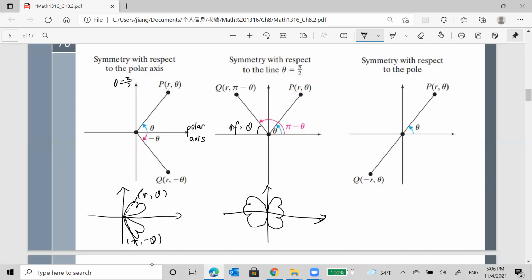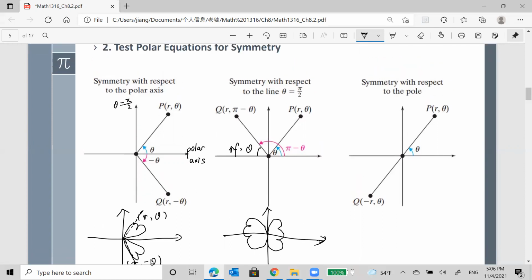And then symmetry with respect to the pole. What's the meaning of that? Do you still remember that I mentioned reflection? So if a point is symmetric with respect to the pole, or if a function, for example, what kind of function? For example, a circle, a very simple one.